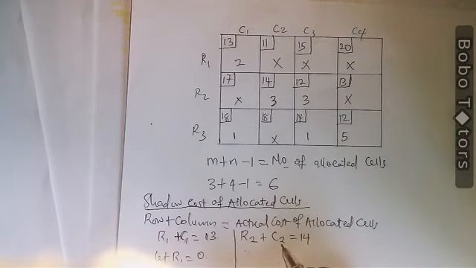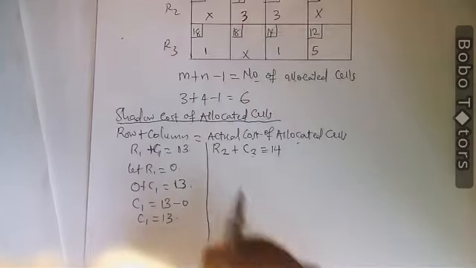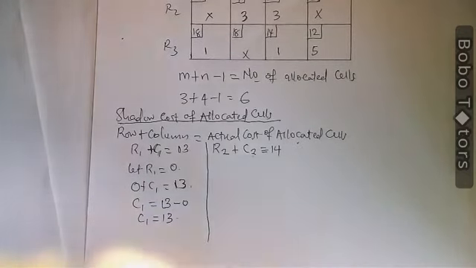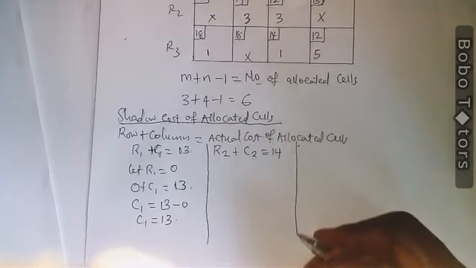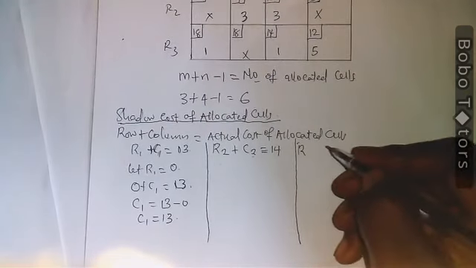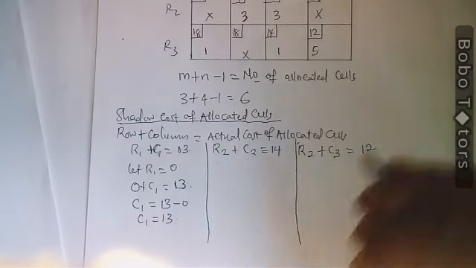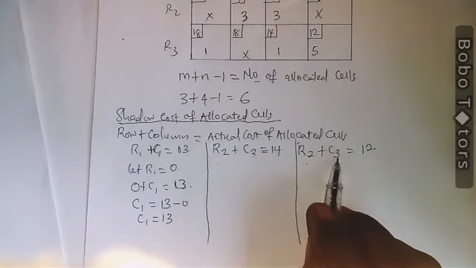And I don't know my column 2. So definitely I'm going to skip this. Because I don't know row 2, I don't know column 2. You skip. You go to row 2 plus column 3 will be equals to 12. I don't know row 2, I don't know column 3. You have to skip again.